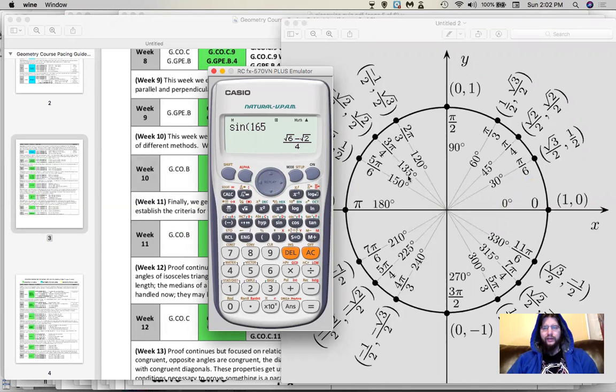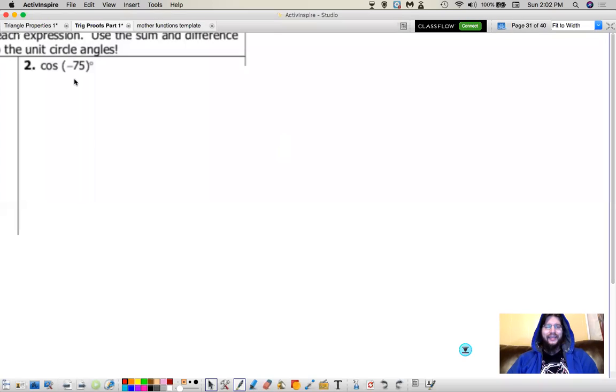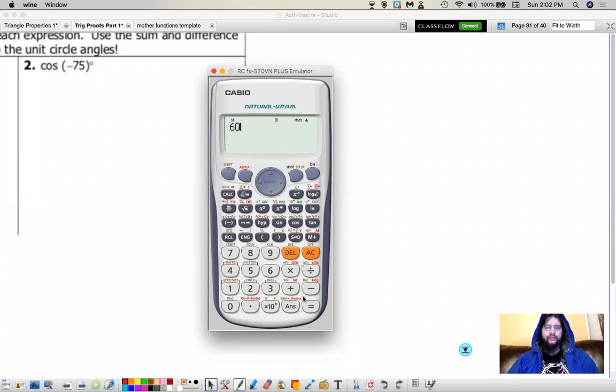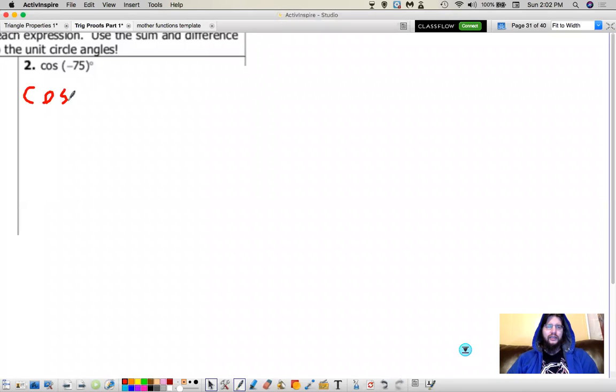Maybe that 135, I don't know. Let's try that 135. Minus 60 maybe? There we go. So 135 minus 60 is 75. We need negative 75. So we gotta go the other way around. 60 minus 135. There we go. So we're gonna rewrite this as cosine of 60 minus 135.